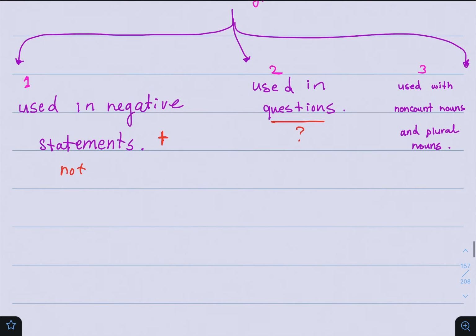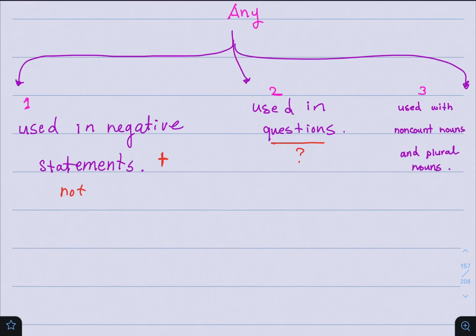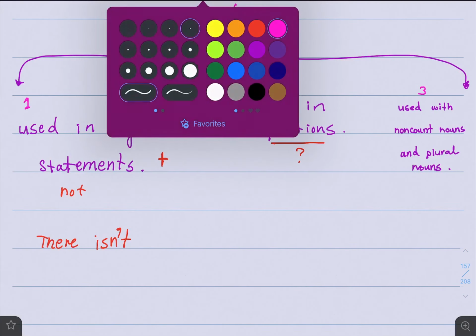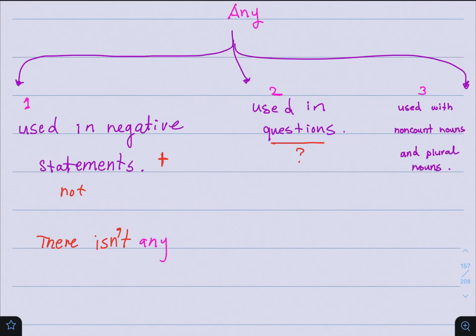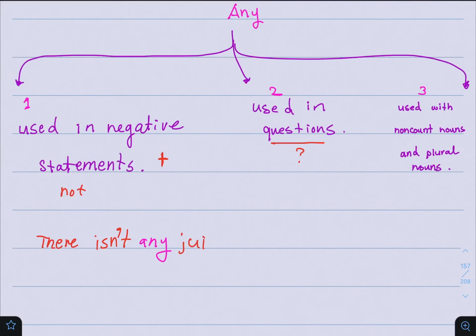Okay, now here I have an example to look at. I'm gonna write them right here, okay, under each one of them. So the first one, use a negative statement. So here you can say there isn't. طبعا since that the statement is negative, so you're gonna say there isn't any juice.